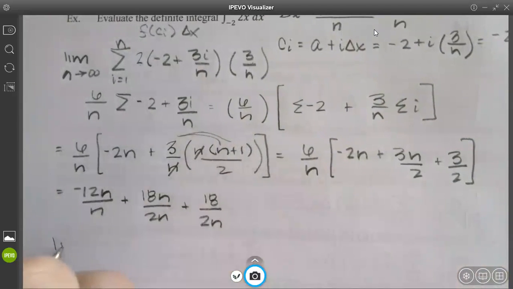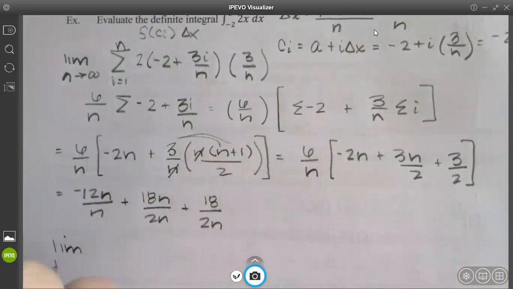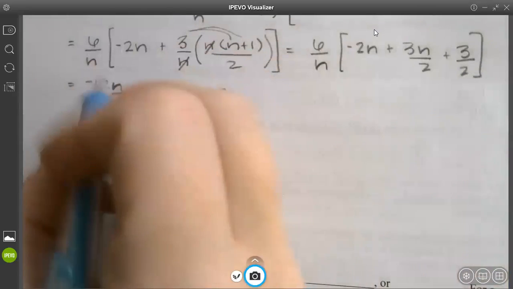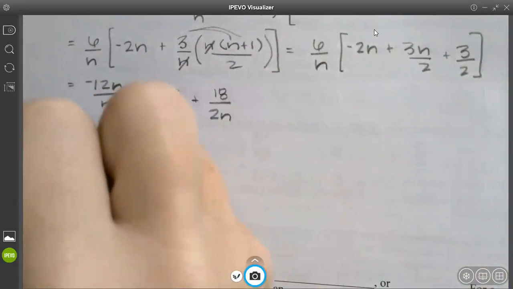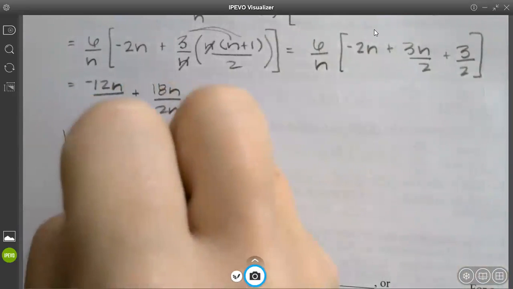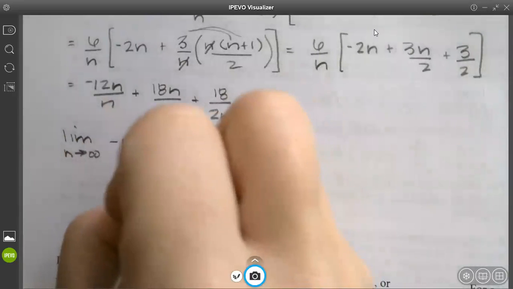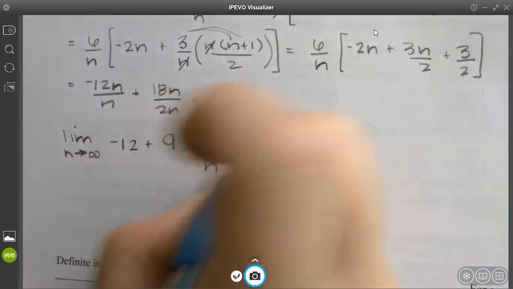I'm going to reduce that. And don't forget that I have to take the limit. So the limit as n approaches infinity of, what's the first one give you when you reduce it? -12. What's the second one give you? 9. And the other one? 9 over n.